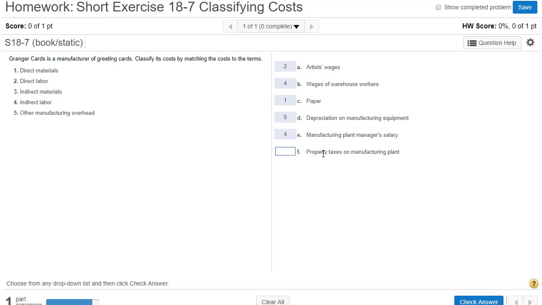And then we have property taxes on the manufacturing plant. So because it's a cost of the manufacturing plant, it is a product cost. It's not a period cost, but it's just a property tax. Now these property taxes cannot be traced to one batch of greeting cards or another, so this is just an other manufacturing overhead.